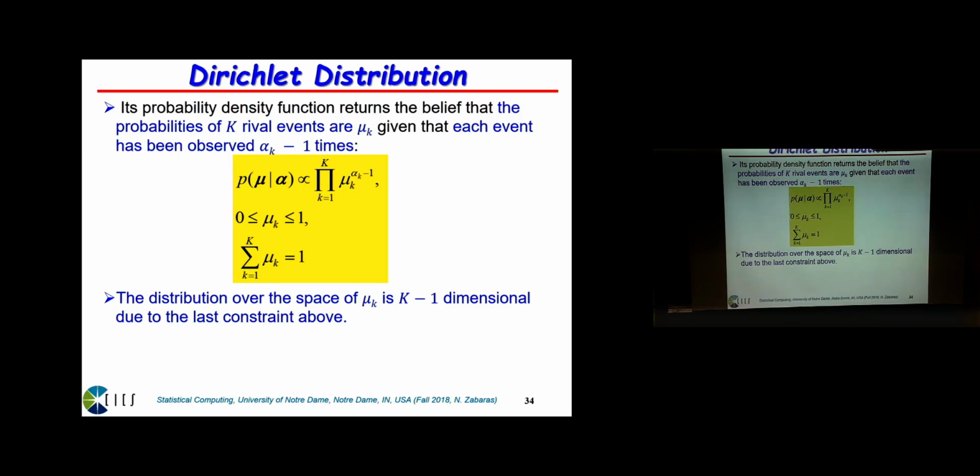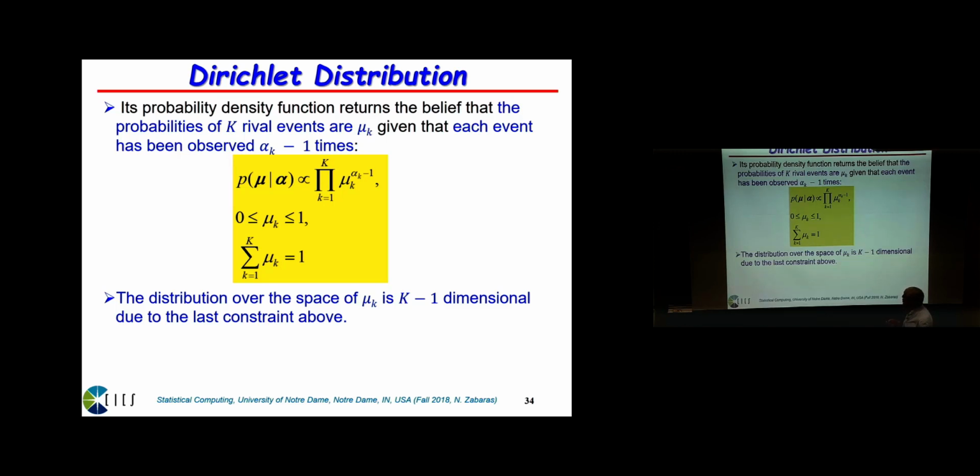So it looks weird right now, but think all the events have probabilities mu 1 to mu k, and we also have the information that each of these events happen alpha k minus 1, so the joint probability distribution of the mu's has to be this. All right. Why is this distribution painful? Because the algebra is complicated.